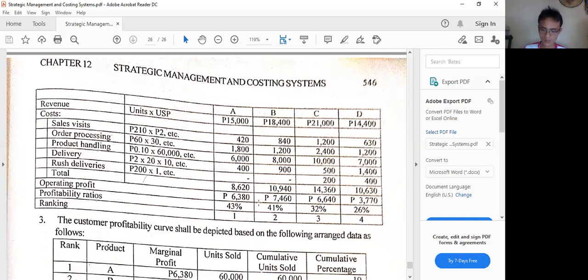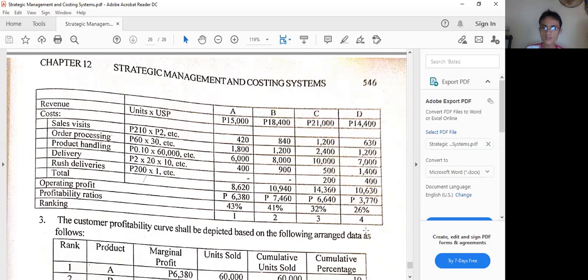So can we check that? 6,380 divided by 15,000. Okay, that's it. 0.42533..., or that is 43%, rounded off to the nearest whole number. So that's 43%.